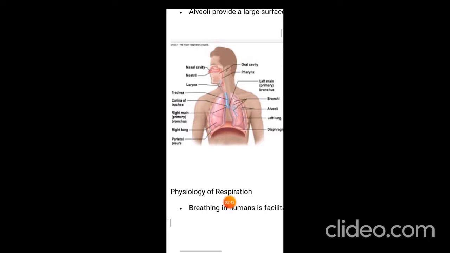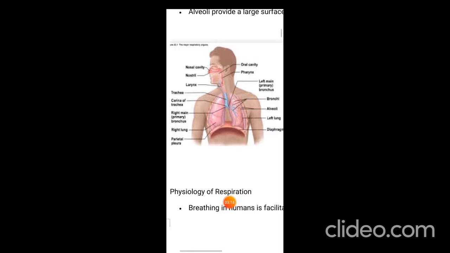Each is called a primary bronchus, and from this bronchus, bronchi generate smaller branches, which enter into the alveoli, small sac-like structures which are the actual breathing area.